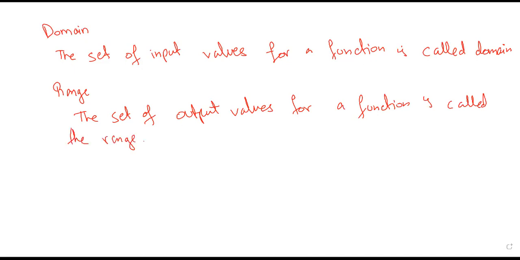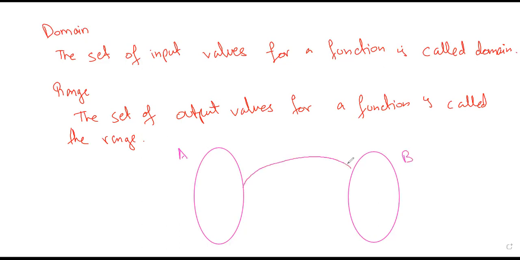Again, we have two definitions. The best way of understanding any definition is through diagrams. We have been talking about functions, and I told you that you can just make two sets this way. Let's call them the set A and the set B. There's a line going from A to B that basically is a function.